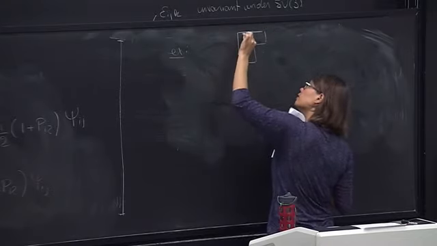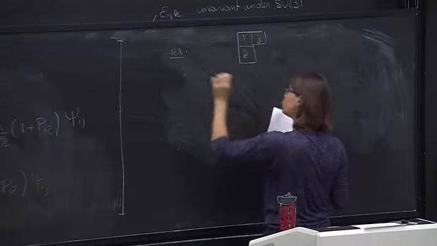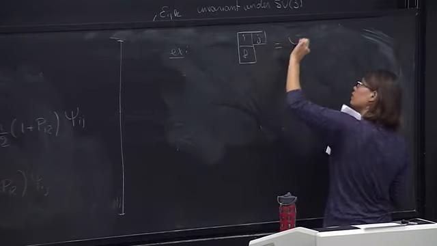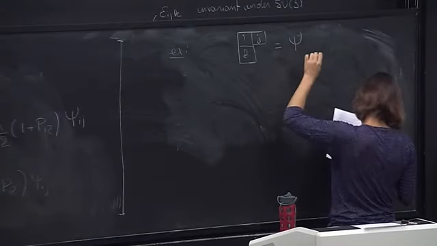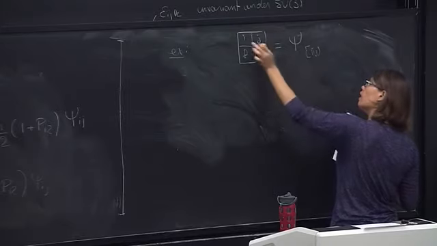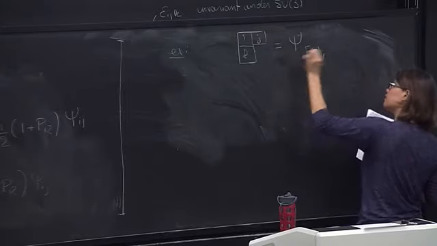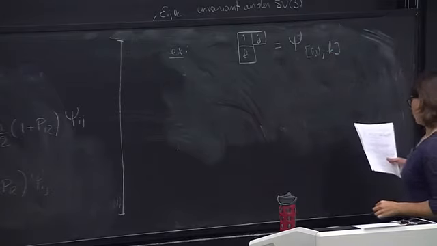So here, i, j, k. And so what does it mean here? Of course, I have a tensor with 3 indices, and the first 2 here are symmetrized, and then it's anti-symmetrized with the third one.